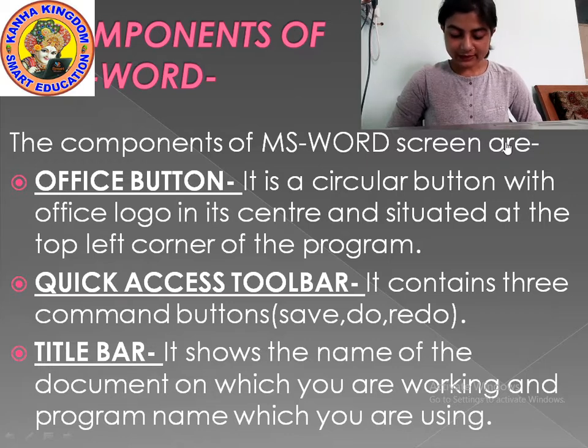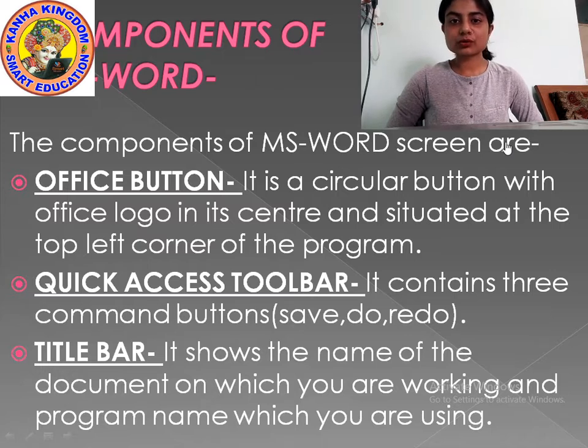Okay, then comes the view buttons. View buttons are used to go from one view to another. That means you can view from one page to another with the help of these view buttons. Then there is the zoom in, zoom out sliding bar.